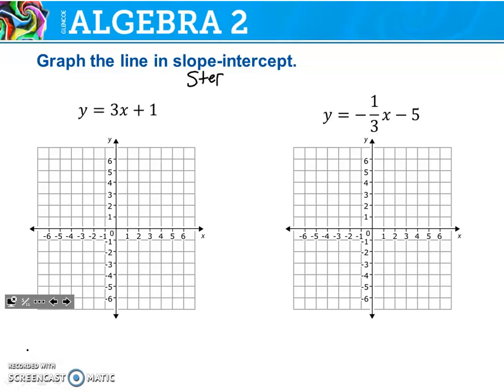Just like before, step 1, we need to find our y-intercept, and we're going to graph our y-intercept. Step 2, I forgot the 1 there, sorry. Step 2, we are going to plot a second point using our slope.